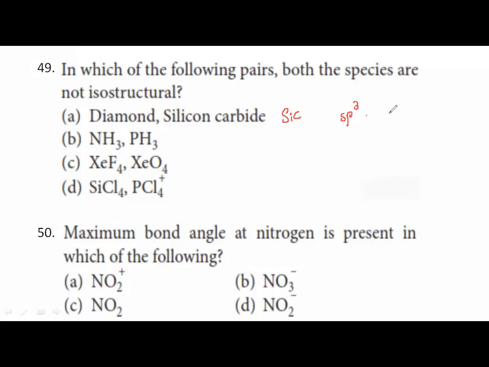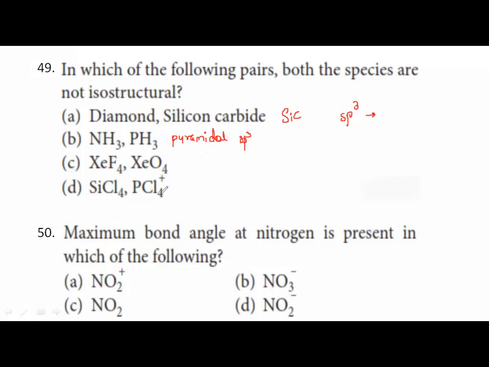Hence, both are isostructural. Both have tetrahedral geometry. In case of NH3 and PH3, both are pyramidal. Both have sp3 hybridization, but along with bond pairs there is one lone pair on nitrogen and phosphorus. Therefore, it is a distorted geometry, that is pyramidal geometry.